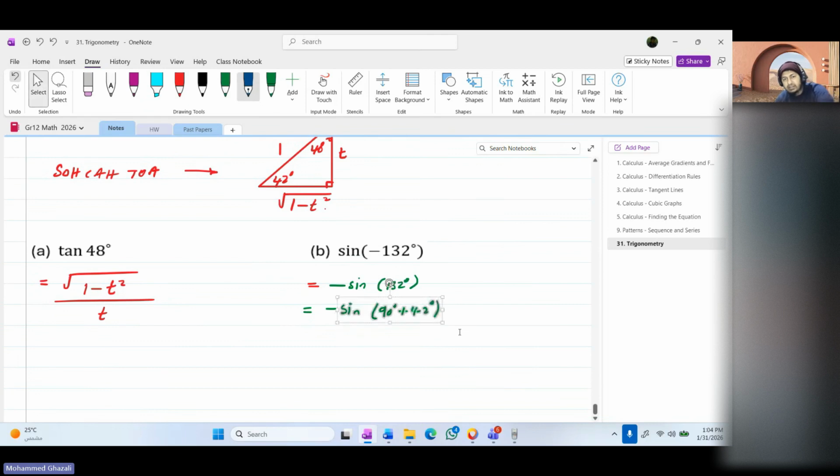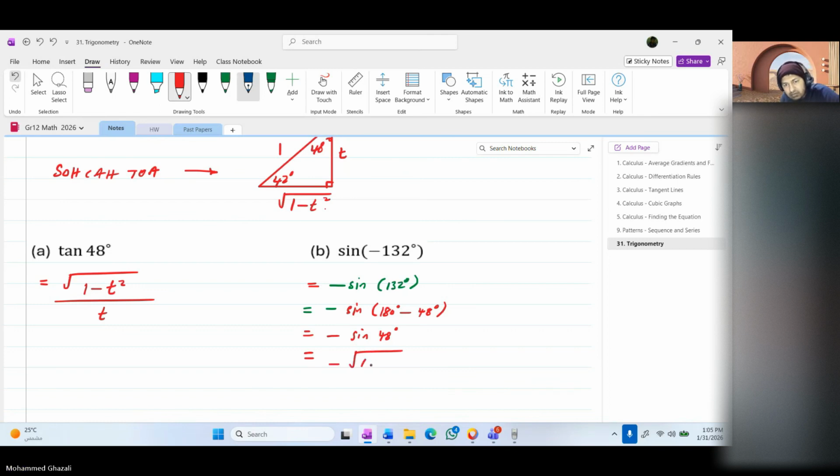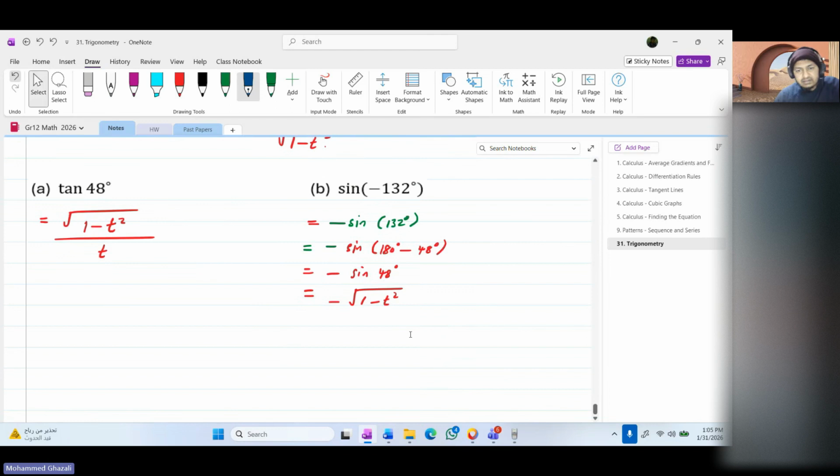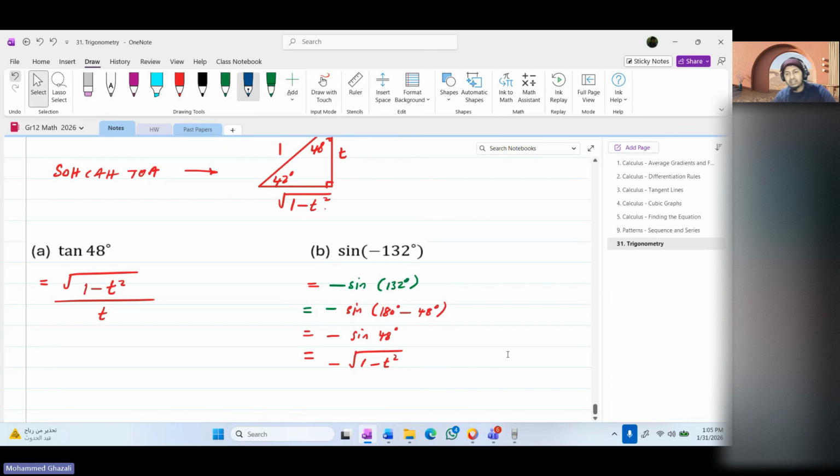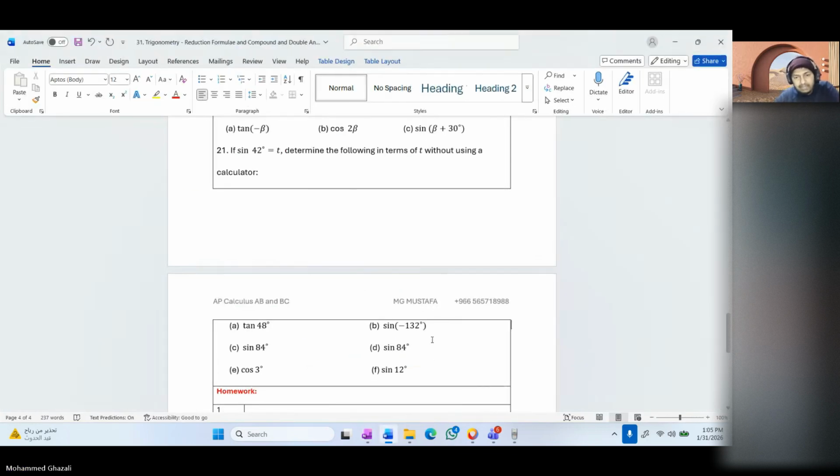Try to avoid using 90 plus and stuff. Use 180. Sine of 180 minus 48. 180 minus 48 is 132. And sine is in the second quadrant, so that becomes negative sine 48. And what is sine of 48? Opposite over hypotenuse, just square root of 1 minus t squared over 1. I'm not going to write over 1, because that's the denominator. You don't need to write it over 1.